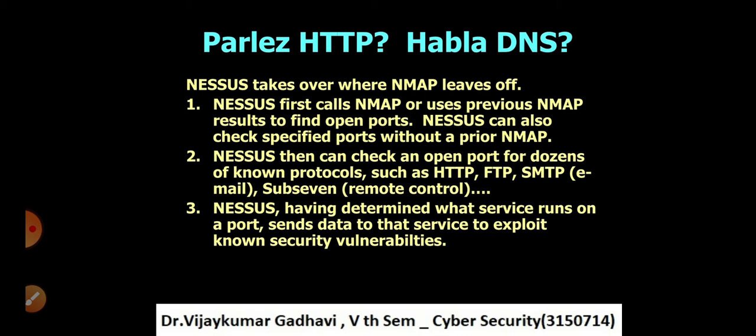It can check an open port for dozens of known protocols such as HTTP, FTP, that means file transfer protocol, you already know, SMTP for email, simple mail transfer protocol, and Sub7, that means remote control. Having determined what service runs on a port, it sends data to that service to exploit known security vulnerabilities.